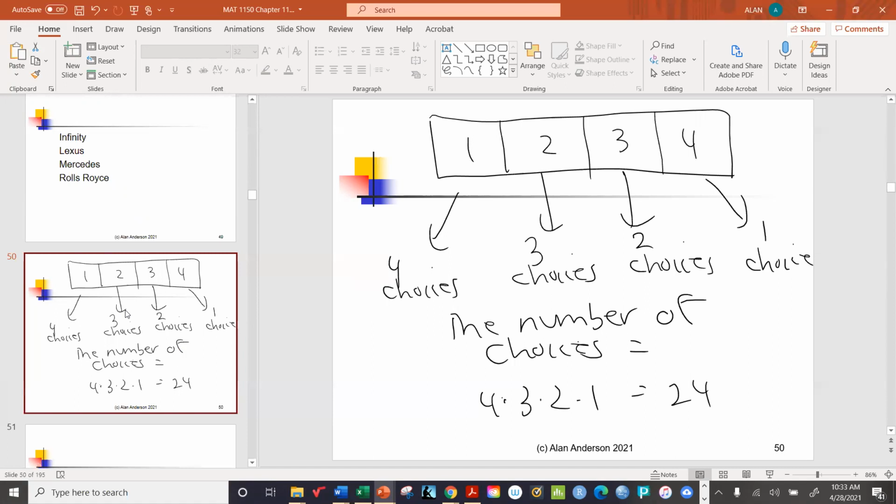For the second garage, there are 3. For the third garage, there are 2. And for the 4th garage, there's 1. So it's the same logic we had before. The number of choices is 4 times 3 times 2 times 1. And you see, it's suddenly ballooned all the way up to 24.